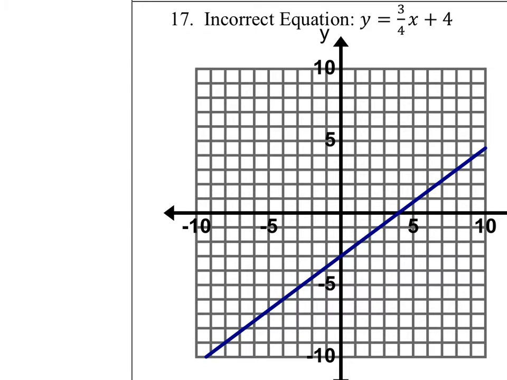It's the y-intercept, because it goes down 1, 2, and 3, and up here it is a +4, and it's also going down. So it should be negative.